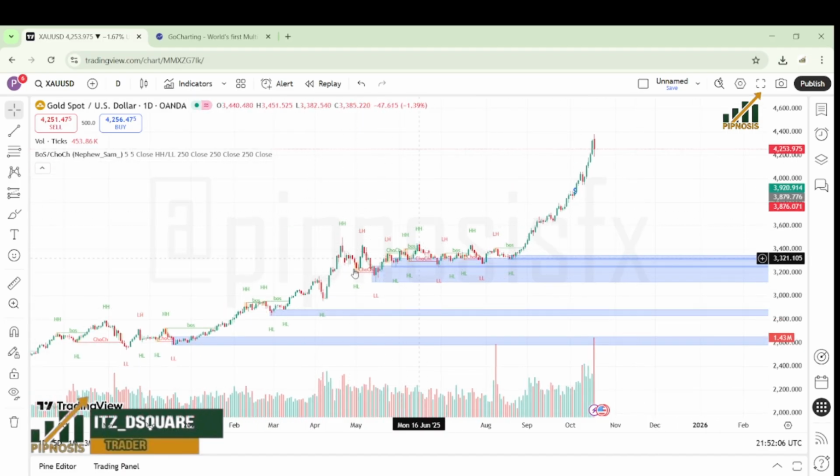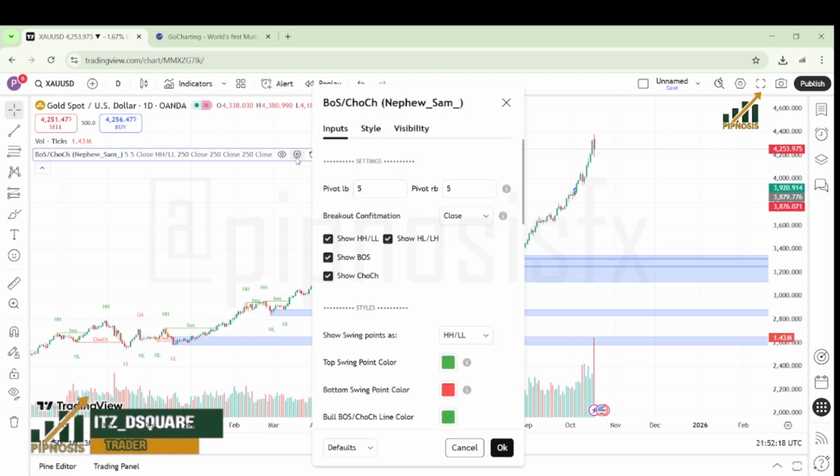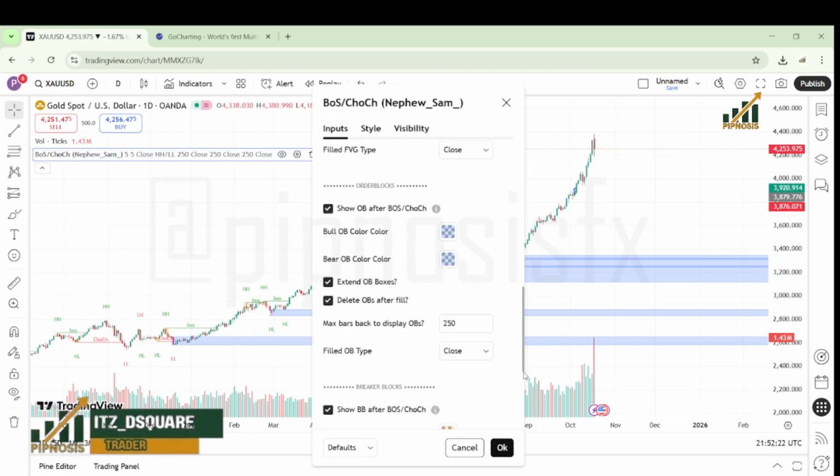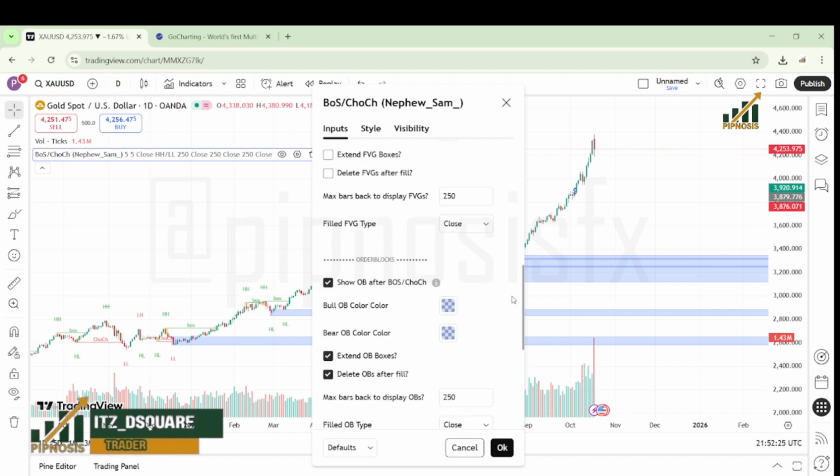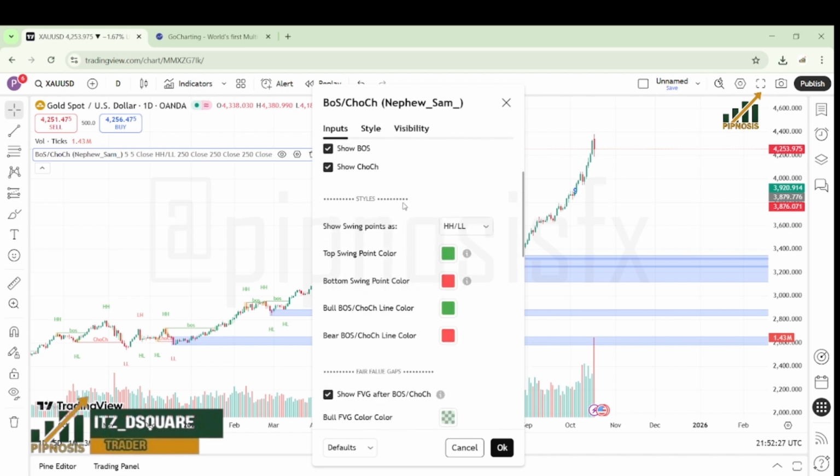Please don't mind my indicator. This is an indicator that helps me plot out the order blocks, so it saves me time. But without it, I can actually plot out my order block. I should take out some stuff from here.